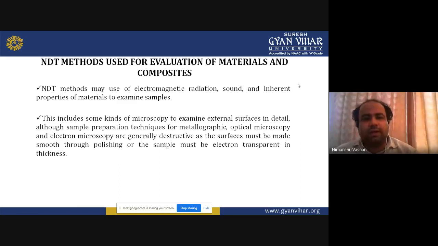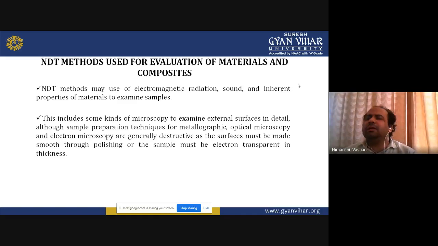This includes some kinds of microscopy to examine external surfaces in detail. Although some sample preparation techniques for metallographic, optical microscopy, and electron microscopy are generally destructive, as the surfaces must be made smooth through polishing, or the sample must be electron transparent in thickness.